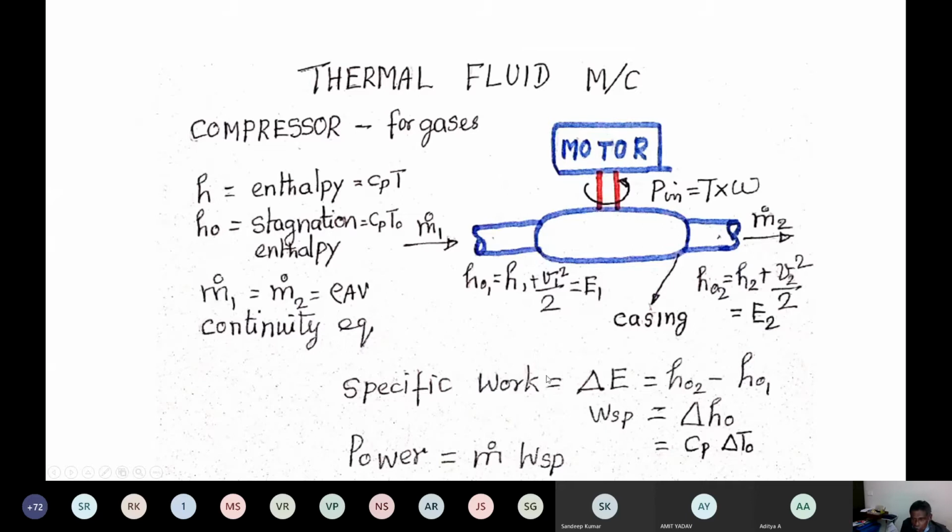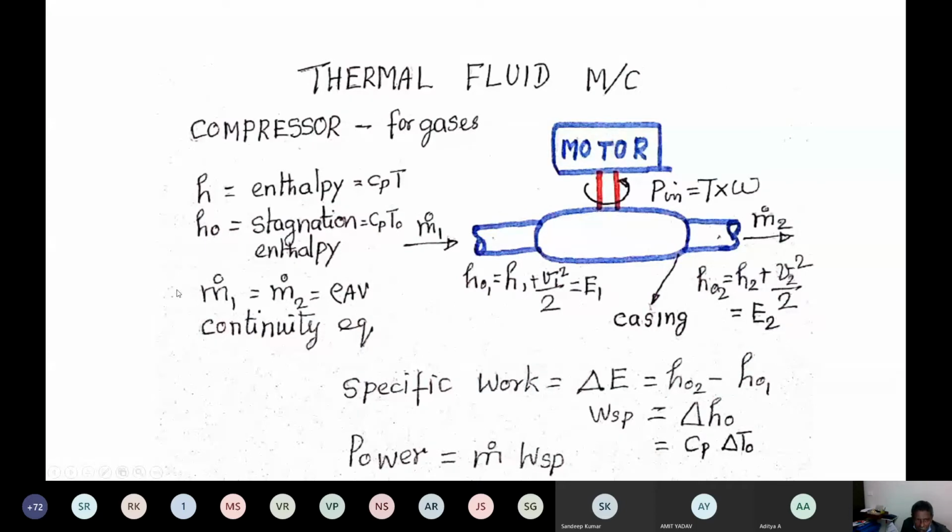Now from the energy equation we can write specific work is equal to change in the energy level delta E, which is equal to h02 minus h01, which can be written as delta h0, which is equal to Cp into delta T0. Power equal to m dot into W_sp.